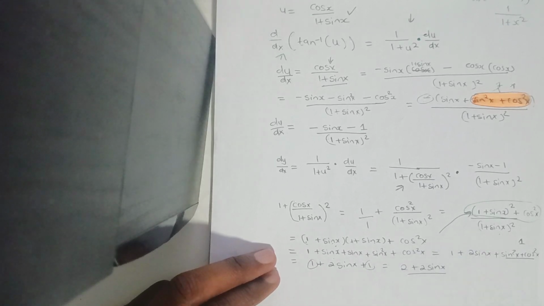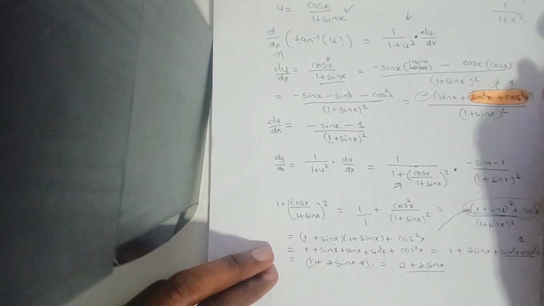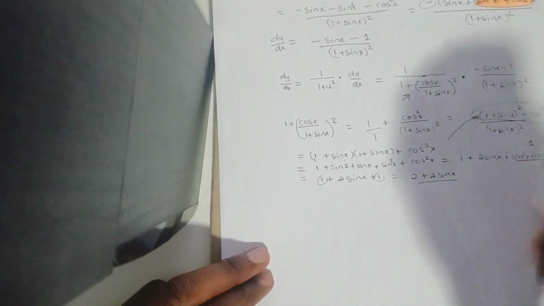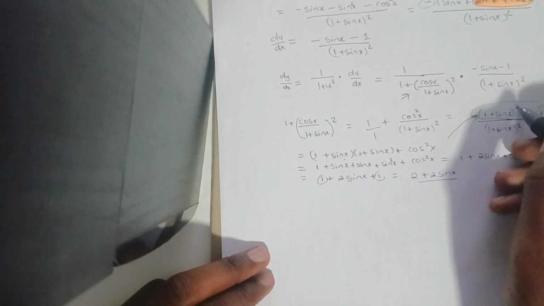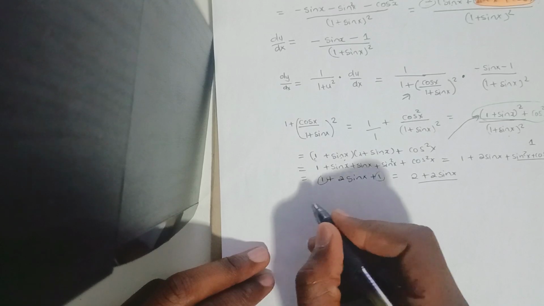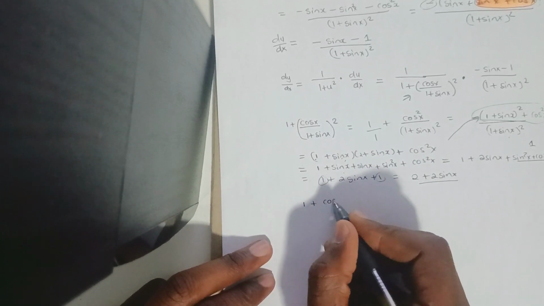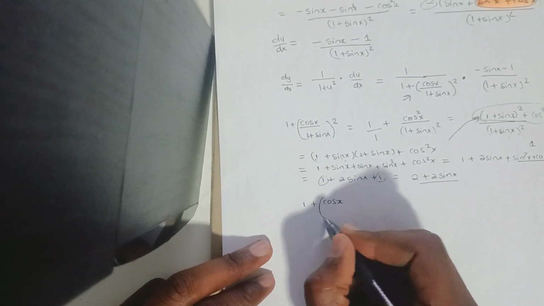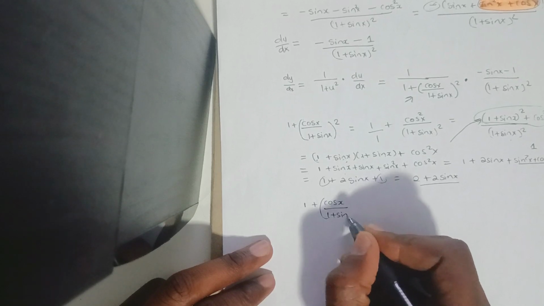So don't forget that this was just our numerator. So we are going to take this back there, right? So it's going to be, that means 1 plus sine x.